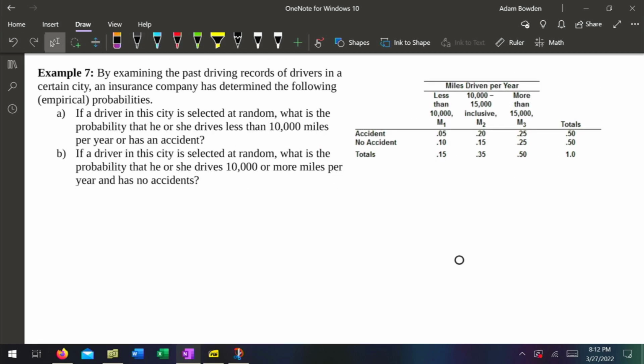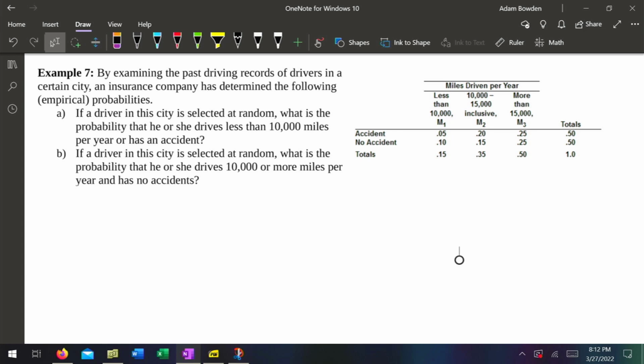Here what we're going to look at is some actual more data collected into a table, and this one says we're dealing with past driving records, and we're going to be dealing with empirical probabilities as a result. The probabilities are listed here as decimals, and the outcomes basically from the different events occurring here.